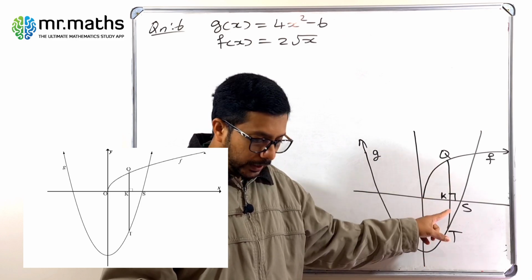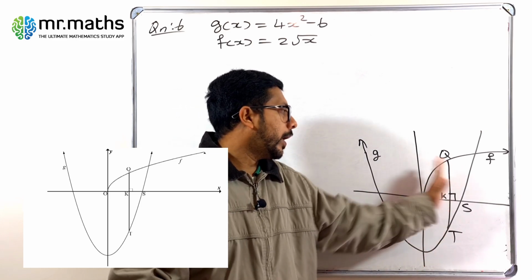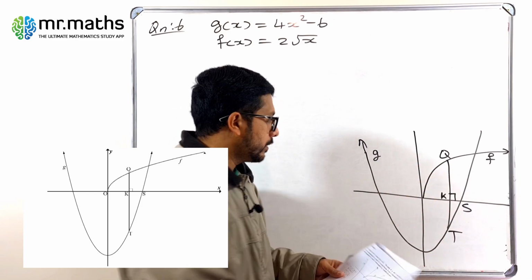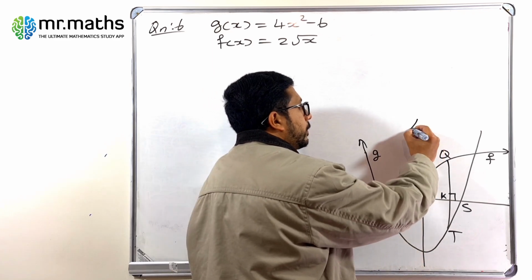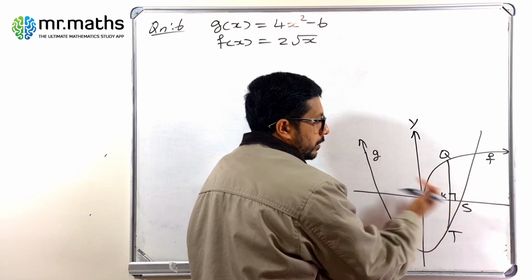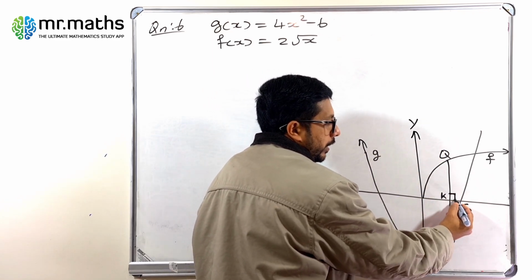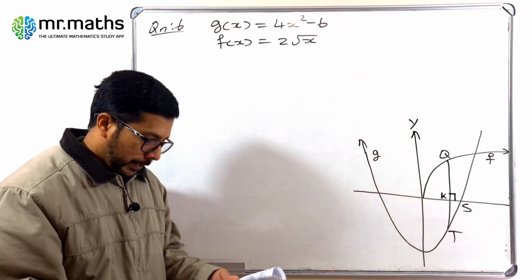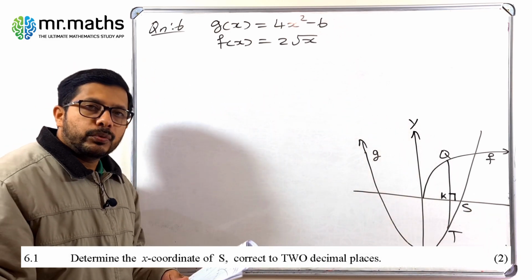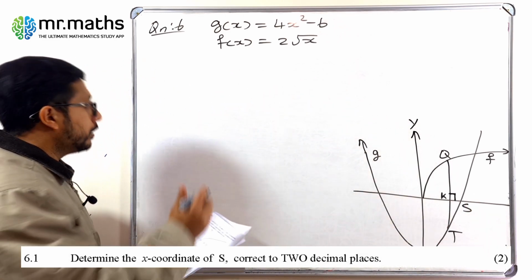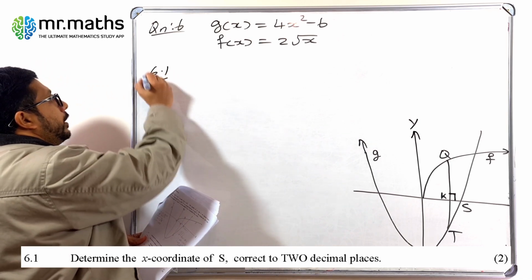And they are saying that this line QKT is parallel to the y-axis. This is the y-axis. So parallel to the y-axis means that this angle is 90 degrees. Based on that information we have to answer the remaining question.